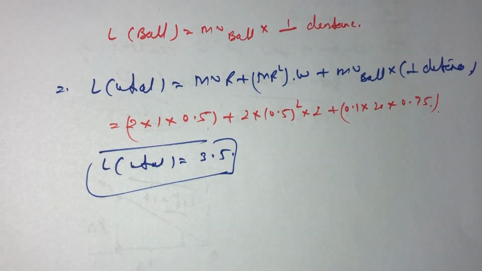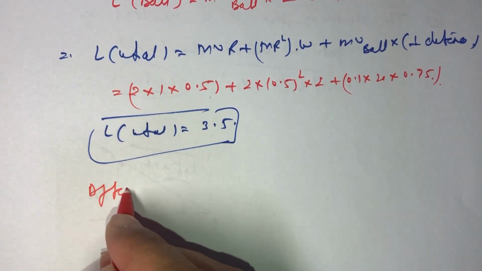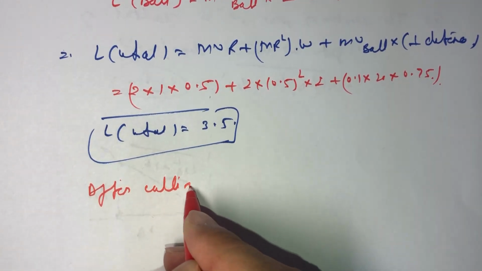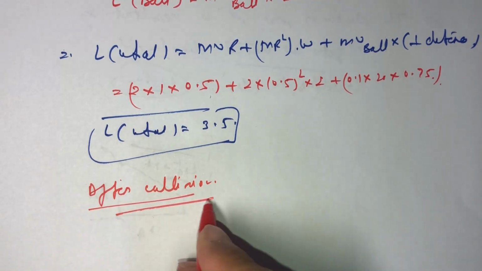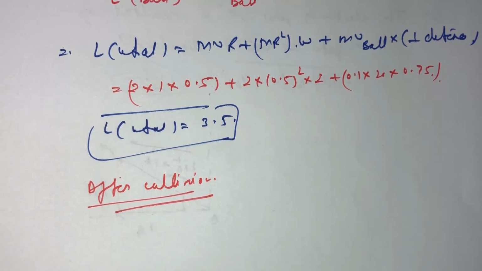Now, after collision, it is said that after collision the ball goes vertically upward.